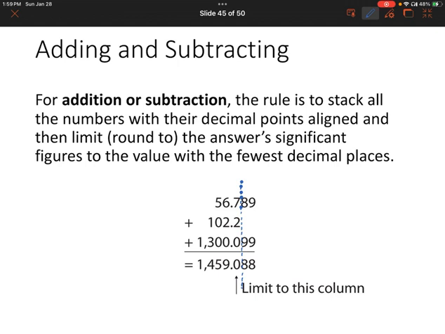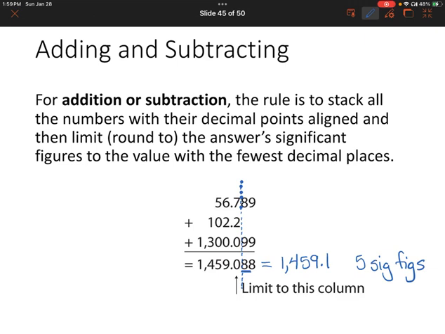So in this case, our actual final answer will be 1459.1 because the digit next to our last sig fig there is greater than 5. So this means that we have 5 sig figs, right? Each of those digits are non-zero.